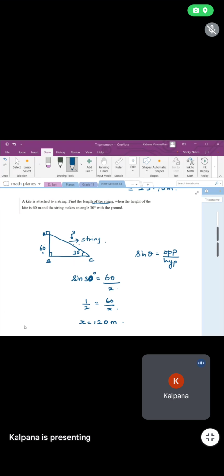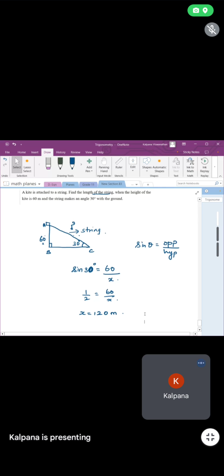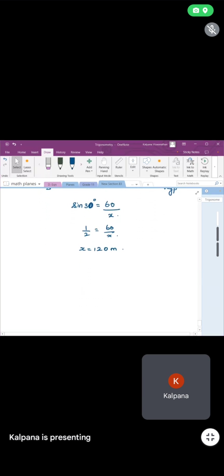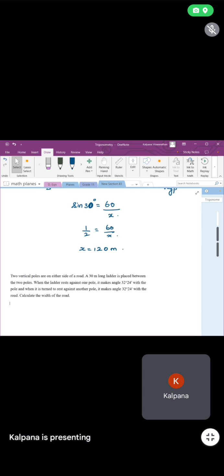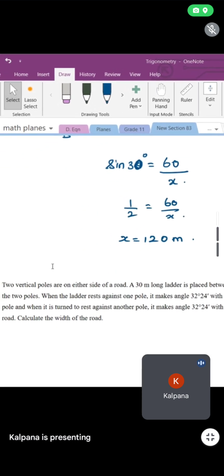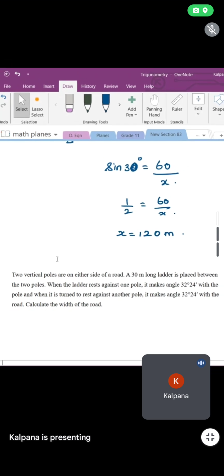I'll give you with a different figure. Two vertical poles are on either side of a road.